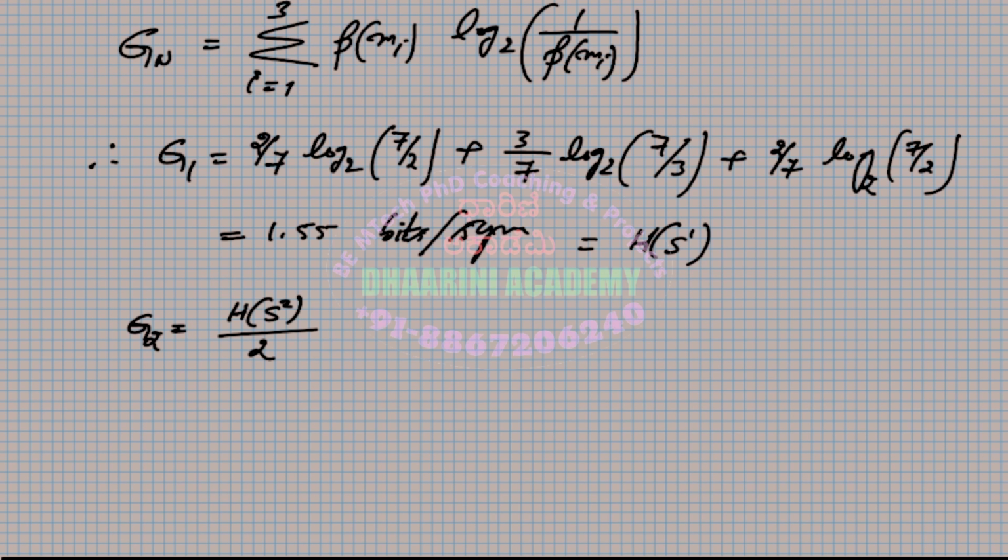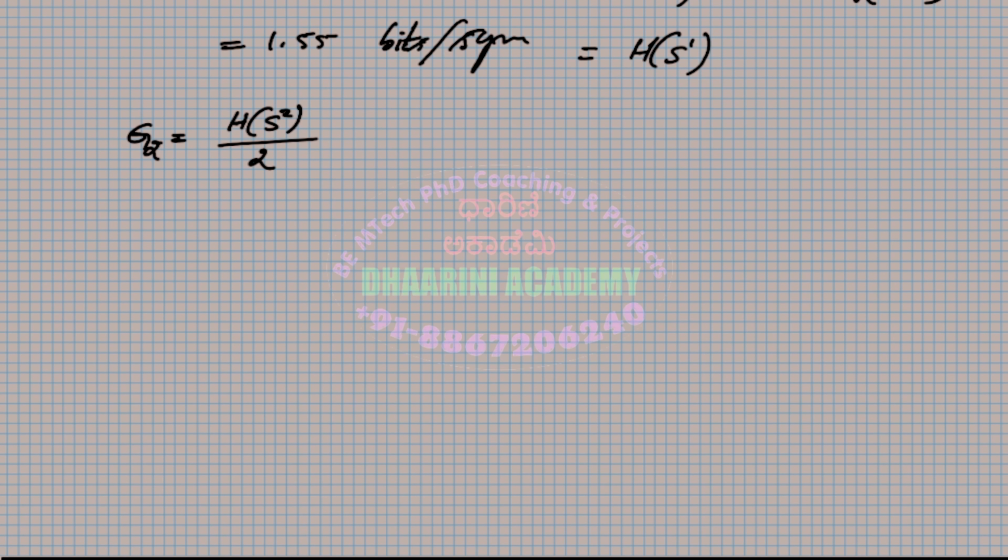G2 is H of S square, which means it is a second order extension. I have to consider all the possible combinations I'm going to get when two consecutive symbols are considered. So let's try to do that. For this kind of system, it's going to be tedious whenever we do the second and the third. In this problem we'll do the third also.